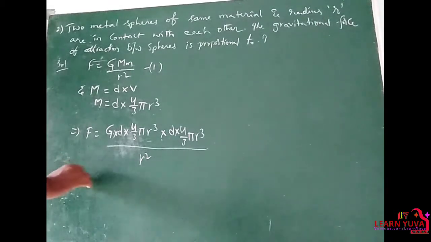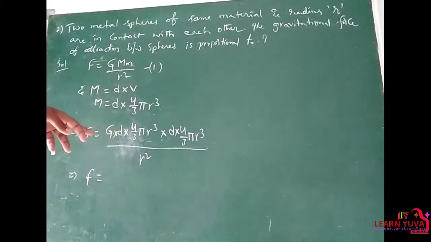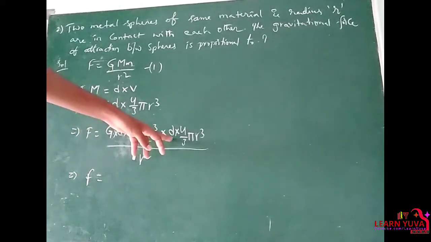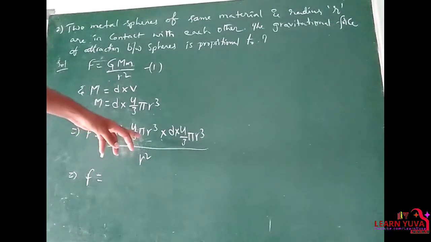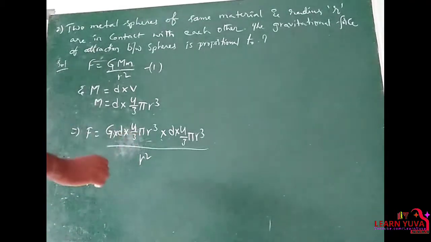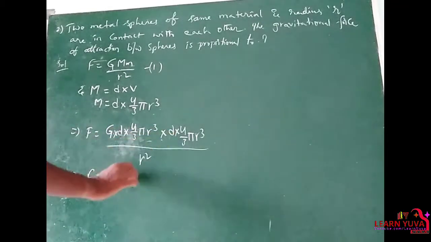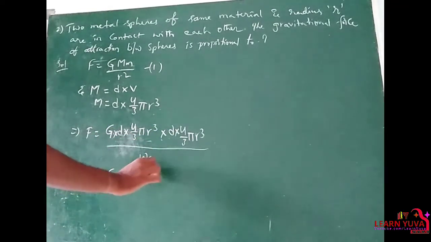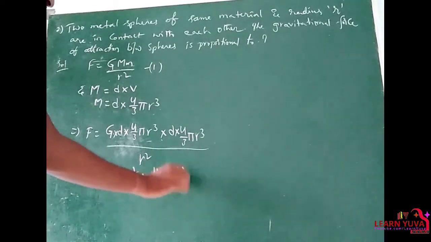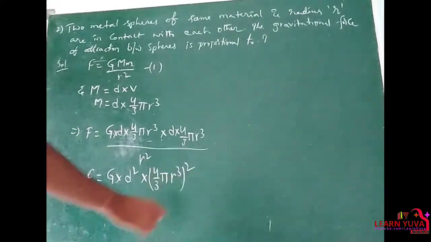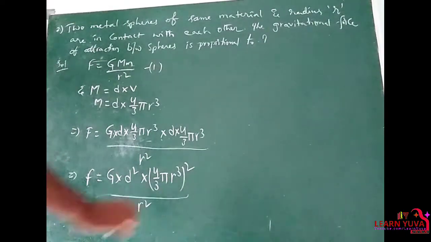So F is equal to G into D into D into 4 by 3 pi r cube whole square by r square.